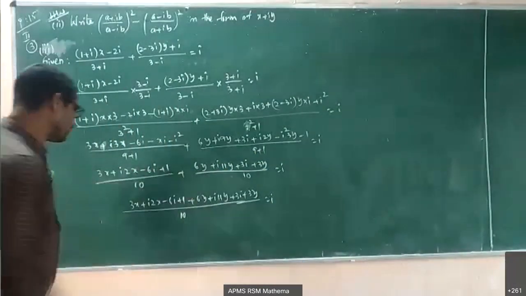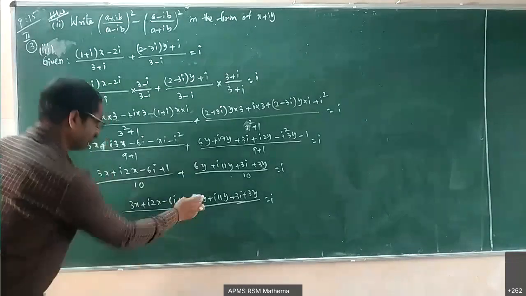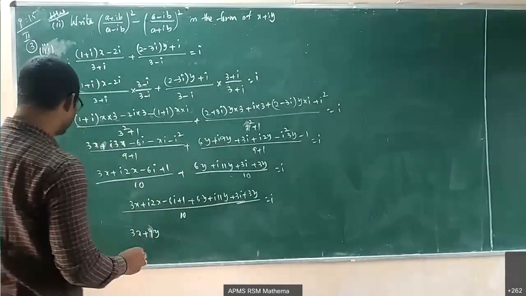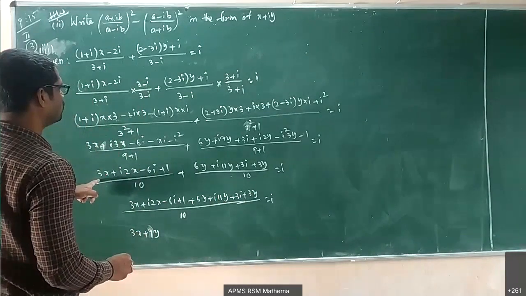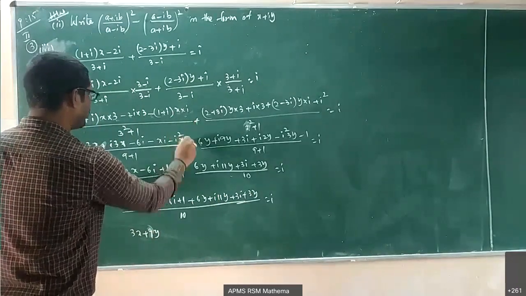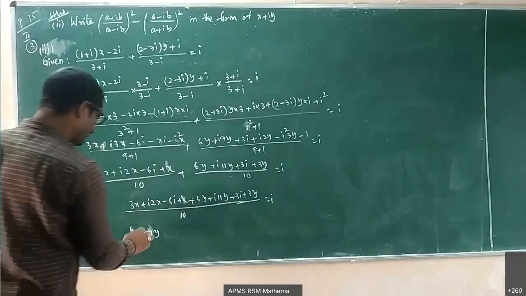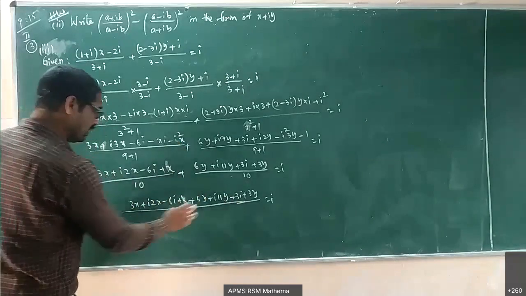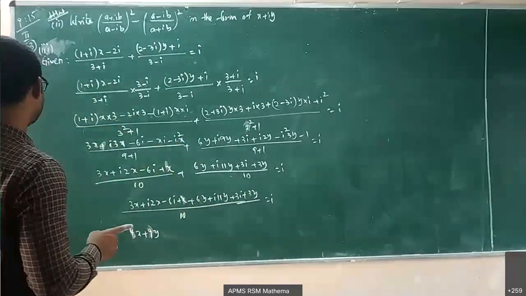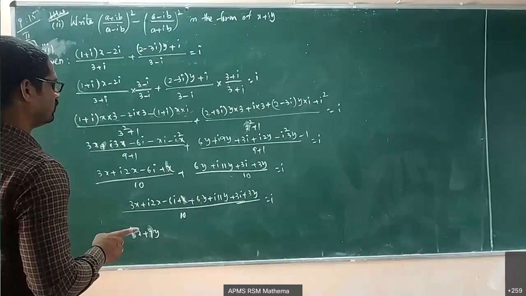You can send this 10 to that side. If you separate the i terms and non-i terms, 3x plus 6y, 6y plus 3y, 9y, here we get 4x plus 9y: 3x plus x is 4x, and 6y plus 3y is 9y. Give me a moment.